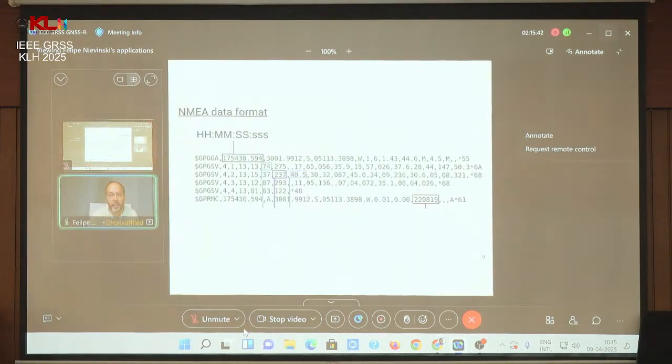This is how the NMEA data format looks. What matters here is the SNR value. It's an integer, and there is custom firmware that the GPS chipset manufacturer made available so that we get one decimal place, and that avoids quantization errors.